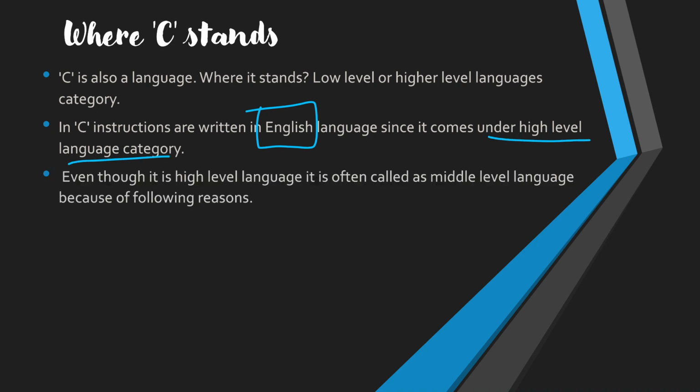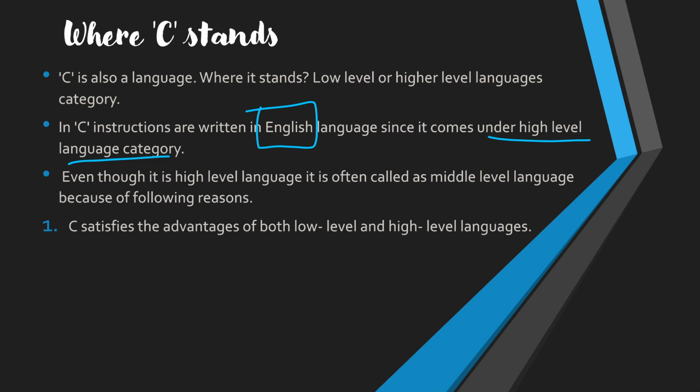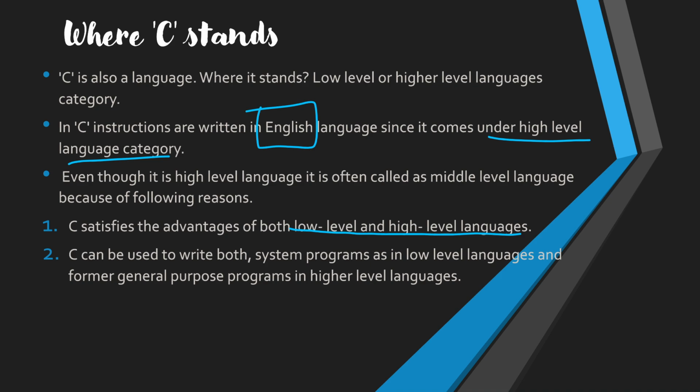But even though it is a high level language, it is often called a mid-level language. Let's see the reasons. C satisfies the advantages of both low-level and high-level languages. C can be used to write both system programs as in low-level language and general purpose programs as in high-level language.